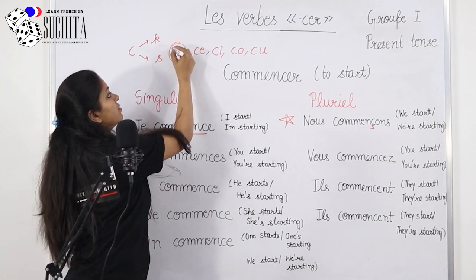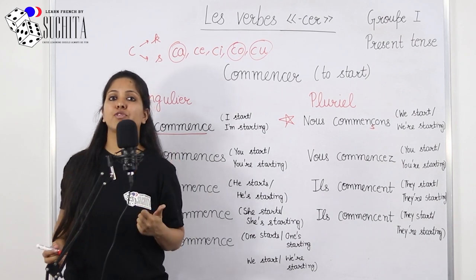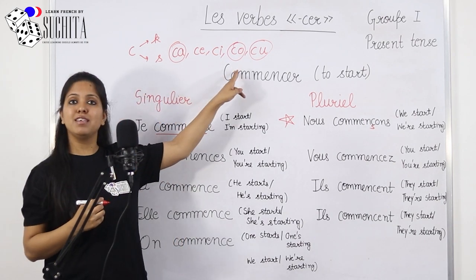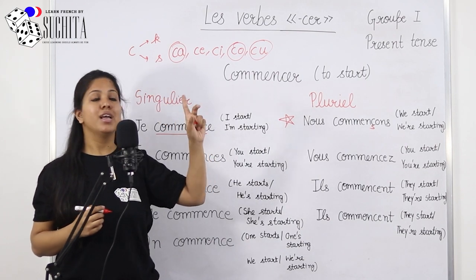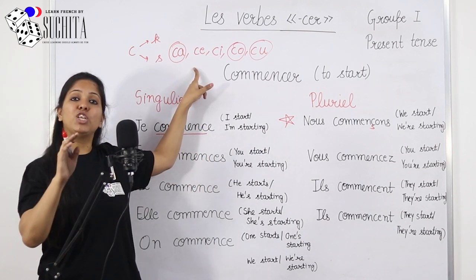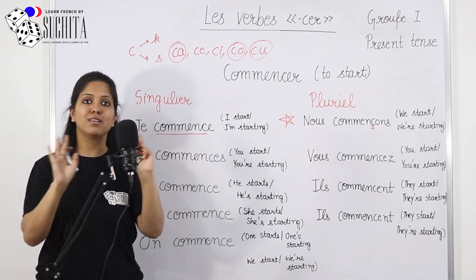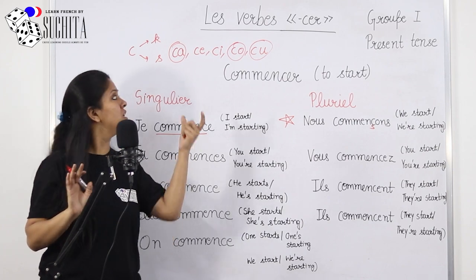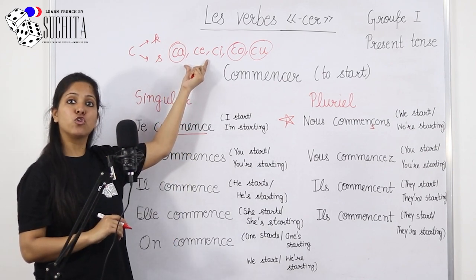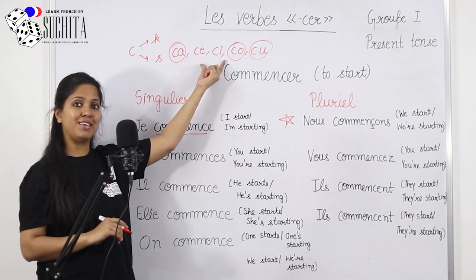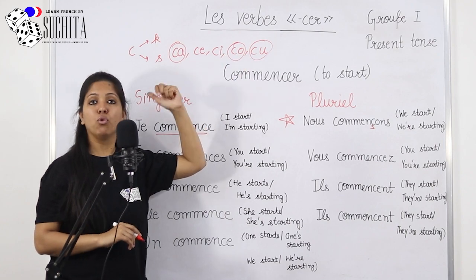In the first, fourth and fifth case, CA, CO, CU, the pronunciation of C is K. And if after C you have either E or I, then the pronunciation of C is S. That is the rule. You have to remember that. So CA is Ka, CE is Se, CI is Si, CO is Ko, CU is Ku.